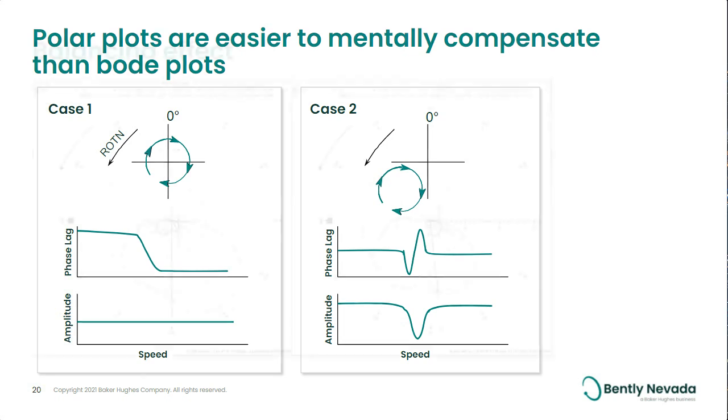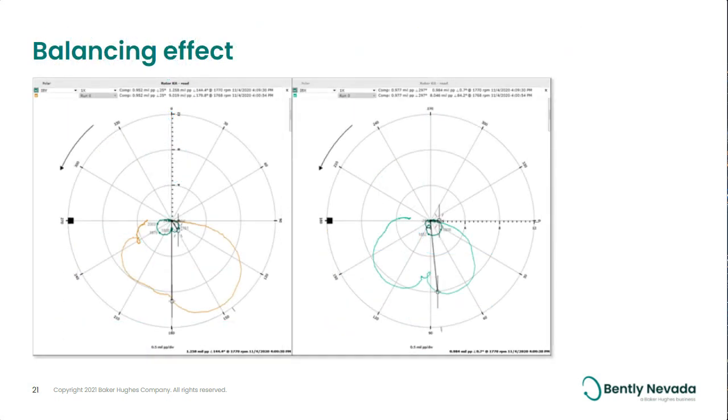Okay, now we're going to talk a little bit about the balancing effect. The large polar plot lines are the before balancing. I put a weight somewhere around 270 degrees against rotation, right pretty much in line with the key phaser on that left plot.